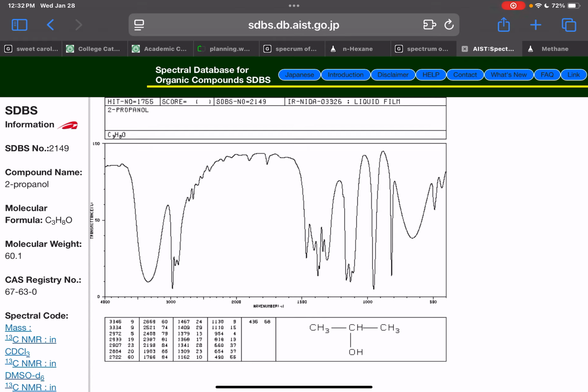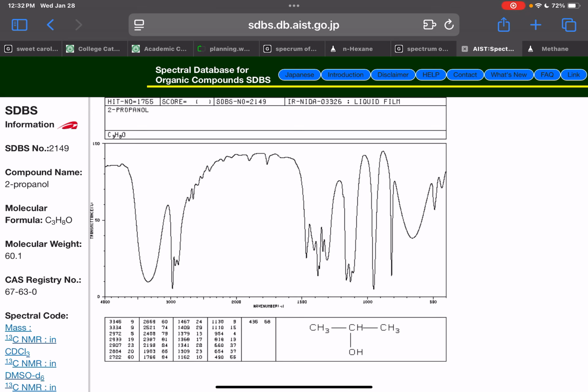Okay, so you can see that there's that big blobby looking peak right around 3,300. So you figure 3,300, that's in our OH region. Now do we have an OH in this compound? Of course we do. It's an alcohol. So it's not too surprising. But if you didn't know what this compound was, we would look at that big blobby peak and say, okay, maybe it's an OH bond, maybe it's an NH bond.